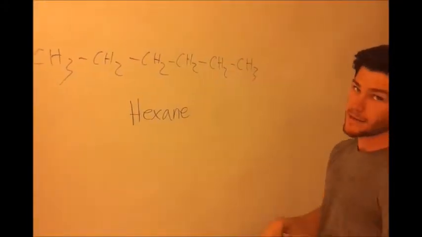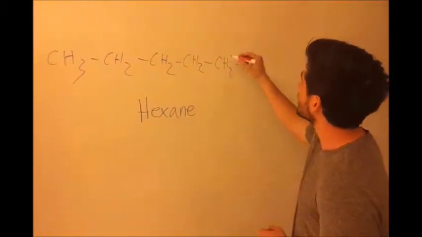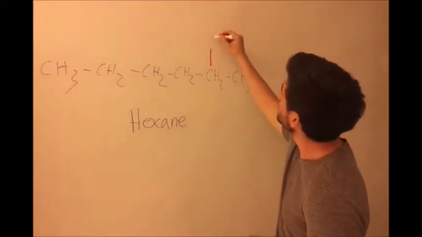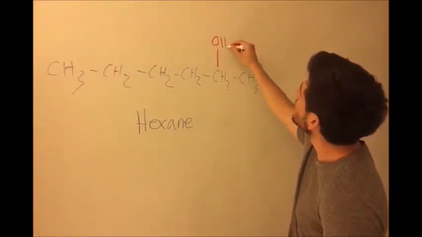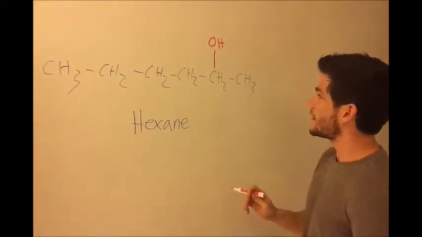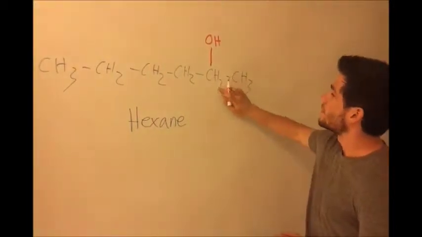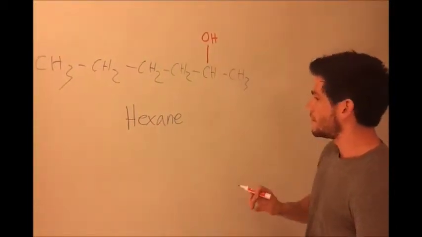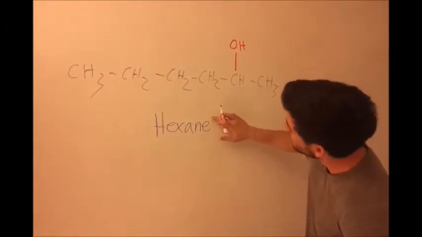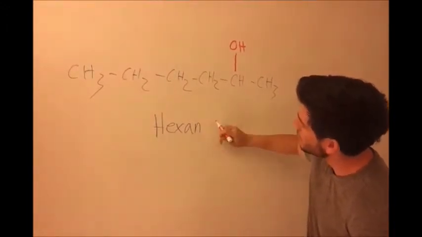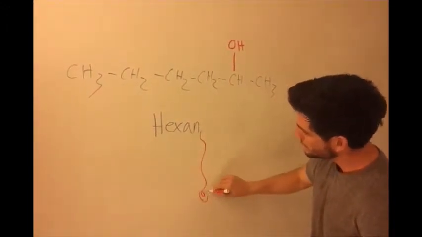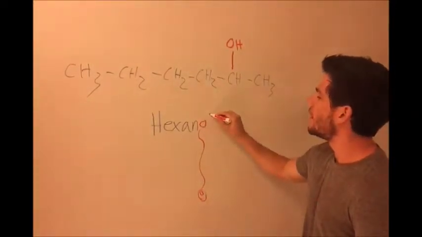Now we're going to change this into an alcohol by adding the OH hydroxyl group right here. Right now I'm violating the octet rule, so I'm going to erase one of these H's. I'm also going to start off by dropping the E, so it's gone, erased, and adding OL.